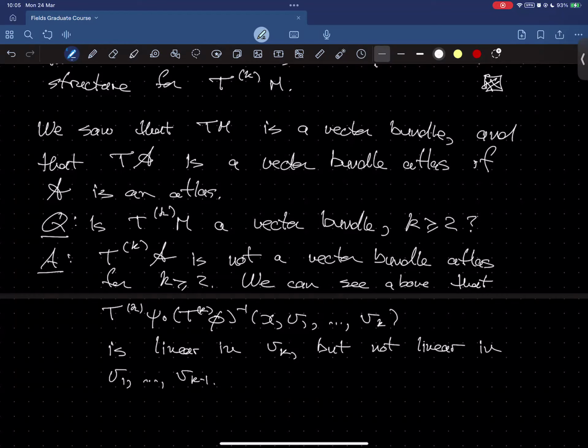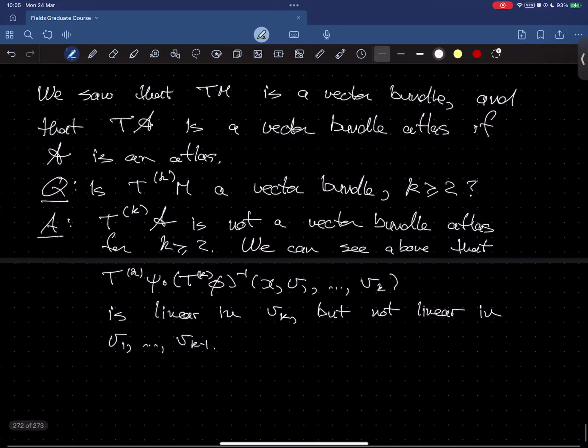We at least see that for the cases k equals 2 and 3, and it is true in general. But that involves digging a little bit into checking some stuff with the Faà di Bruno formula.